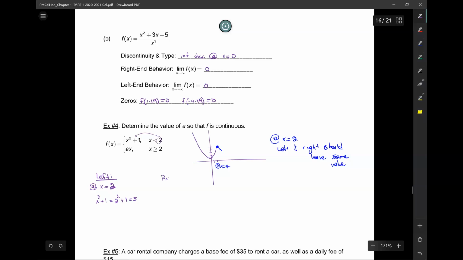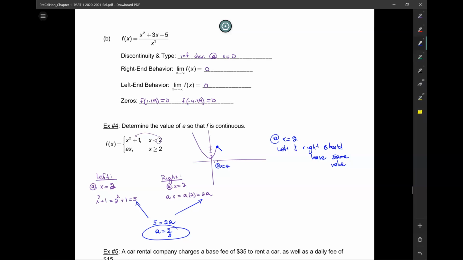On the right, at x equals 2, the function is ax, which is a times 2, 2a. Now, to be continuous, the left and the right have to be equal to each other. So you say 5 equals 2a and solve for a. So at a equals 5 over 2, this function is continuous.